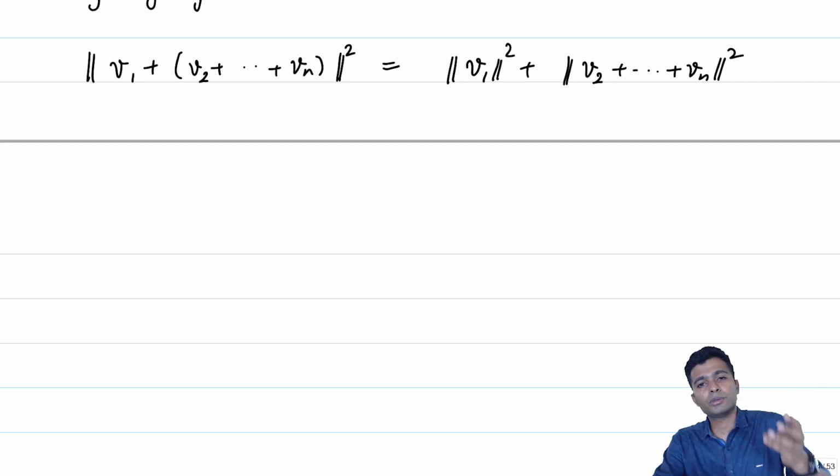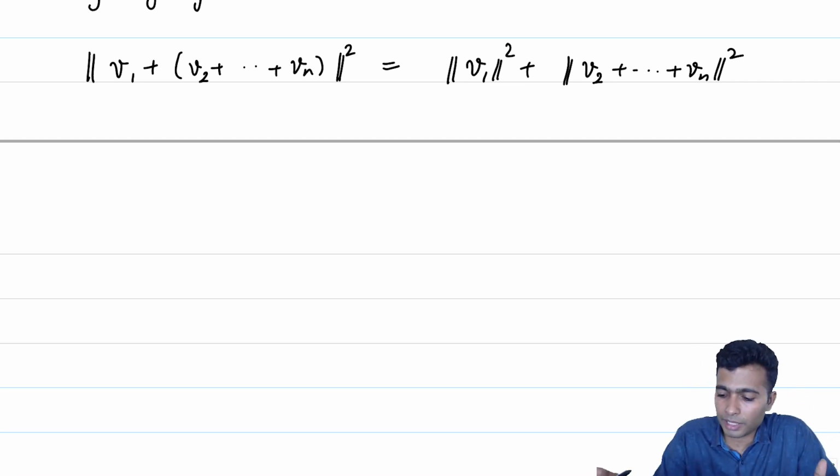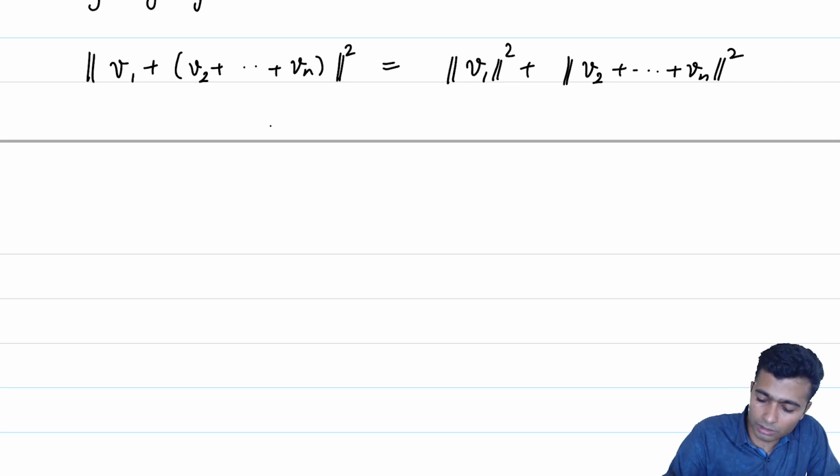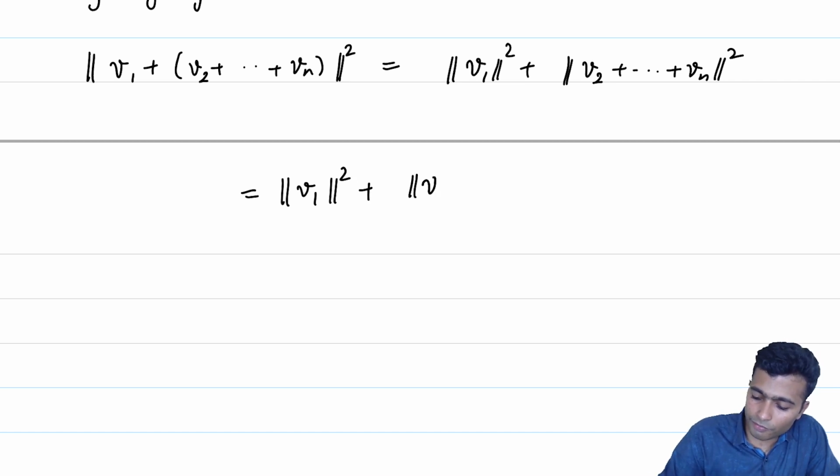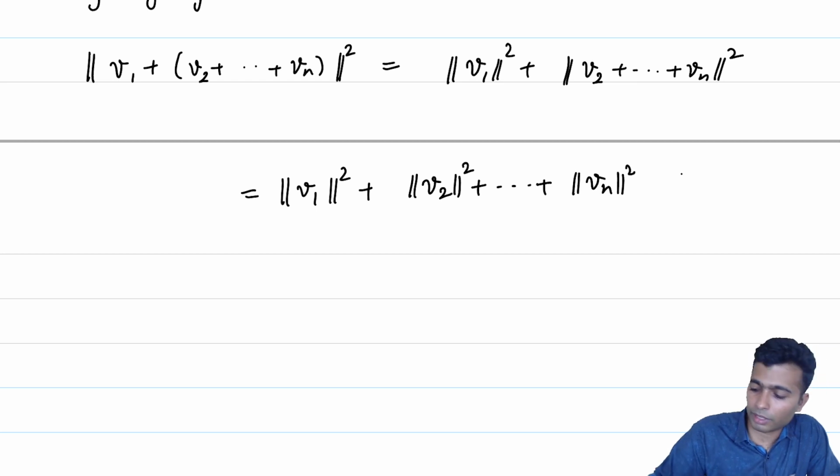If you consider V2, V3 up to Vn, there are only n minus 1 mutually orthogonal vectors. And by induction, this is equal to the length of V2 square plus up to the length of Vn square.